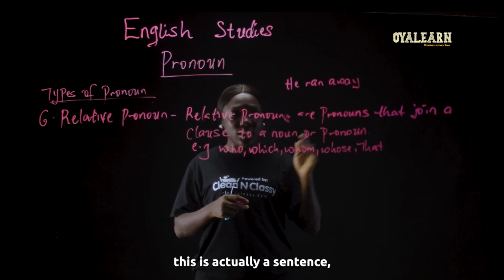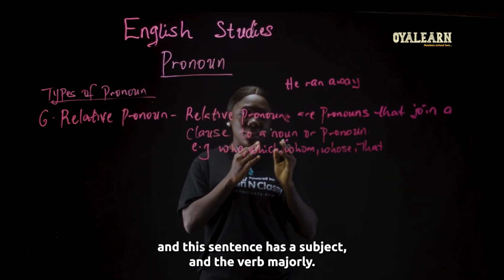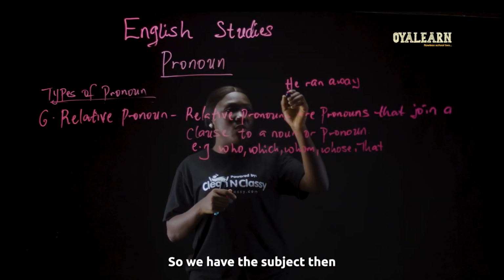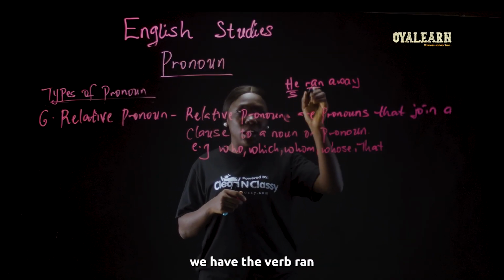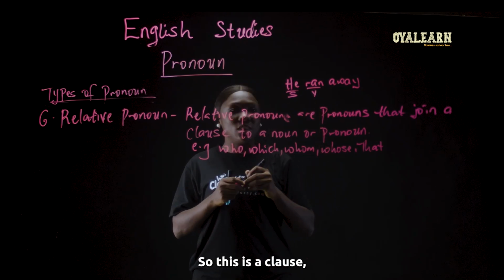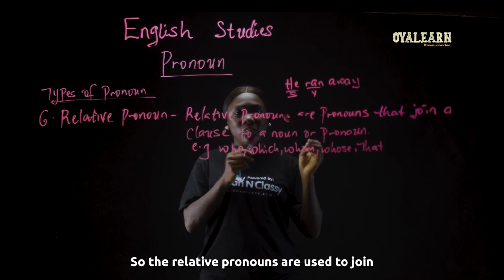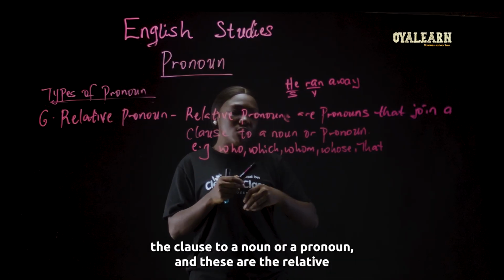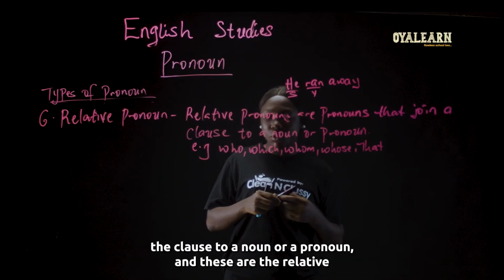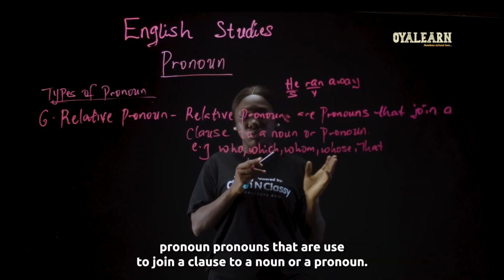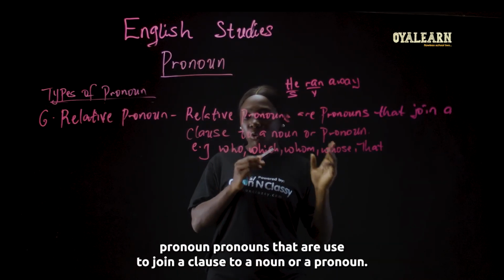This is actually a sentence, and this sentence has a subject and a verb. Majorly a clause must have a verb. So we have the subject, then we have the verb ran. So this is a clause. So the relative pronouns are used to join a clause to a noun or a pronoun.